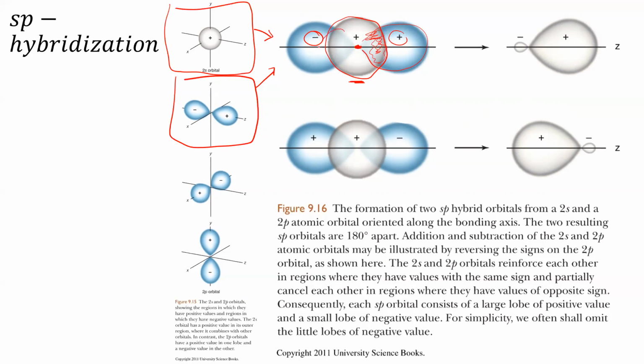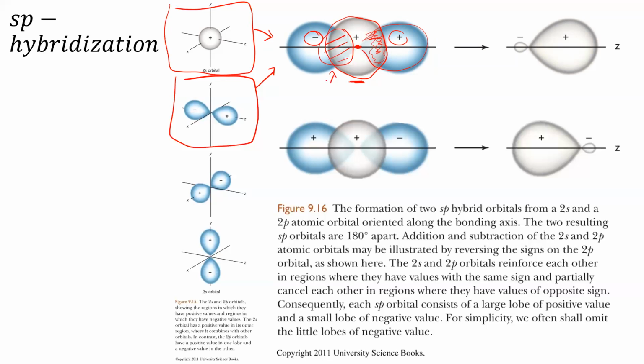And on the other side, where the wave function of the p orbital and the wave function of the s orbital are out of phase with each other, they're opposite phases, you're going to get destructive interference there, making that overlap region ultimately smaller. And that's if you add those together in that way.